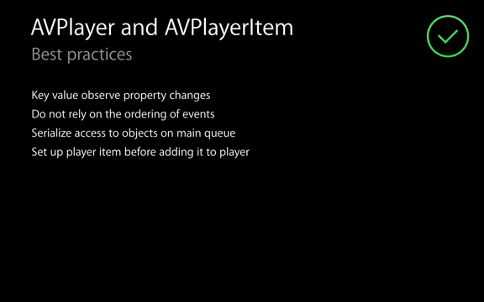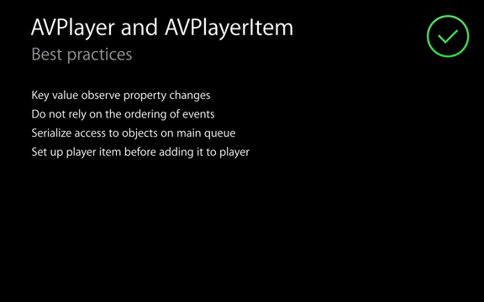In summary, for AV player and player item, use NSKeyValue observing to be notified of changes as the playback engine is driving the clock so that your user can experience a smooth playback. Do not rely on the order in which events occur.